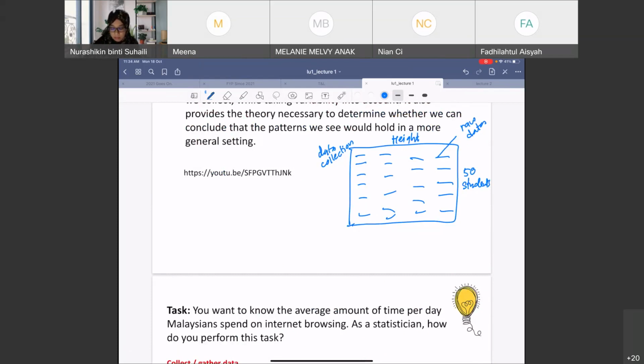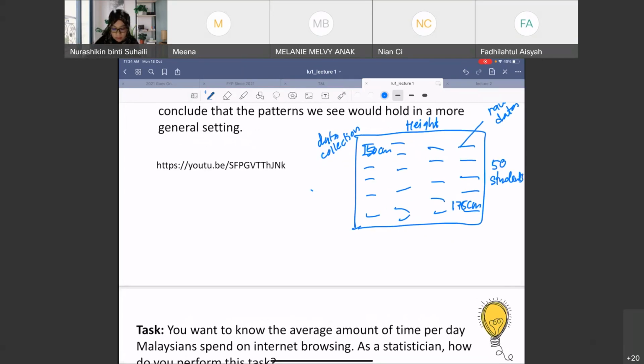Let's say the minimum height I got is 150 cm, and the maximum is about 175 cm, and the rest are values between these two. I have to know, starting from 150, how many people have that height, then 151, 152, until 175. That is all about organization.